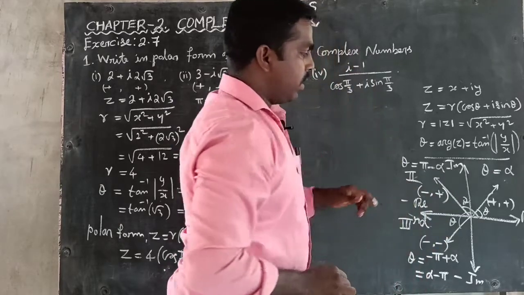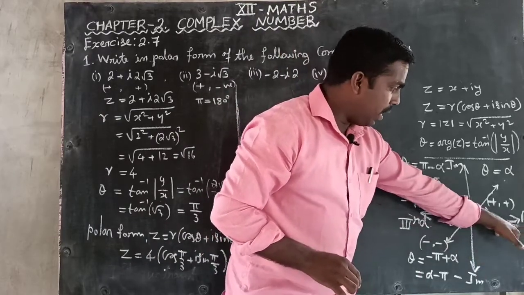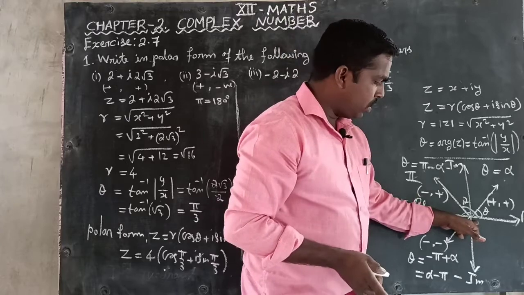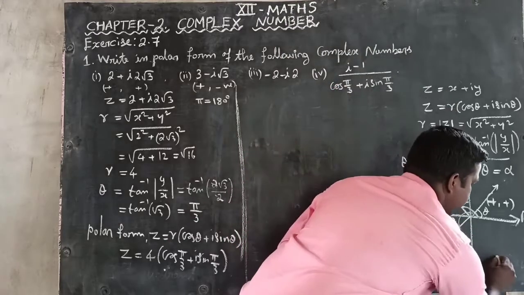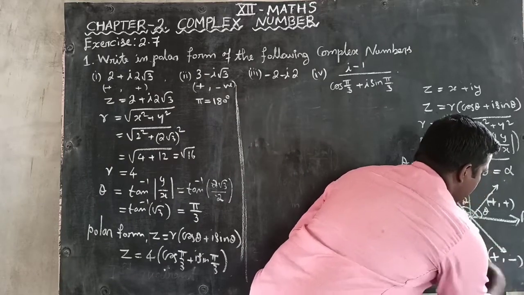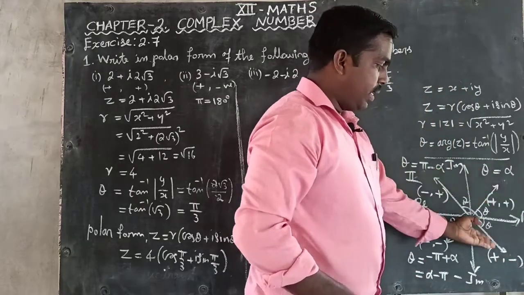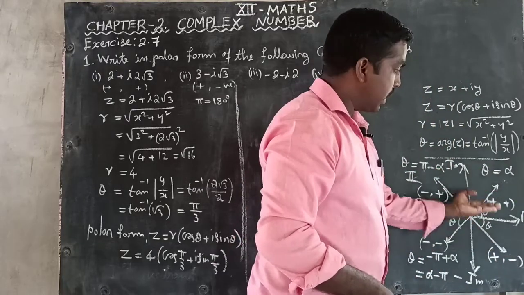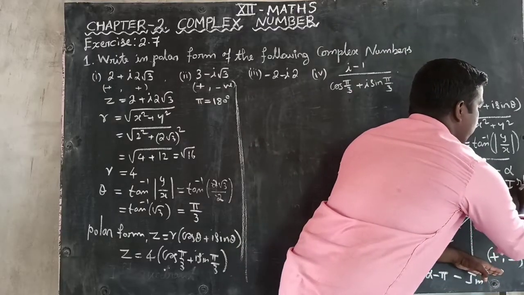So next, the fourth quadrant. In the fourth quadrant the real part is positive, imaginary part is negative. So in this case plus and minus. The theta in the fourth quadrant is nothing but the reflection of the first quadrant.